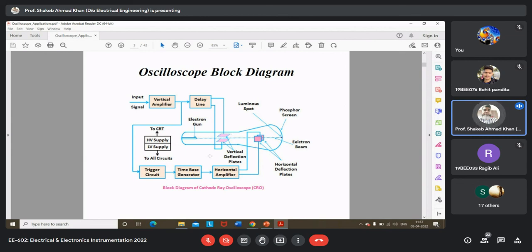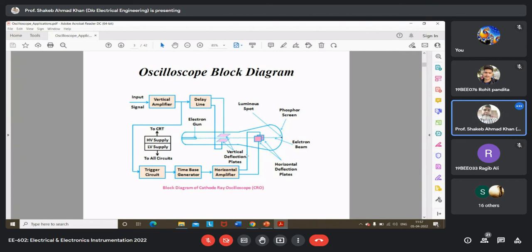Then another part is the vertical deflection. These diagrams are applicable for one of the modes, because your oscilloscope can be used in two modes.